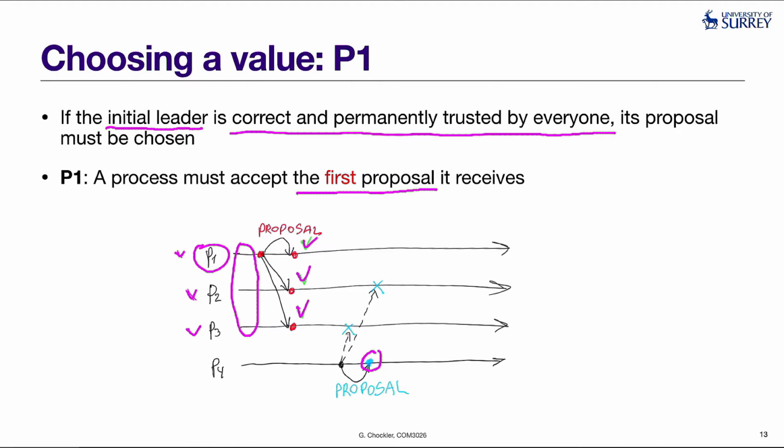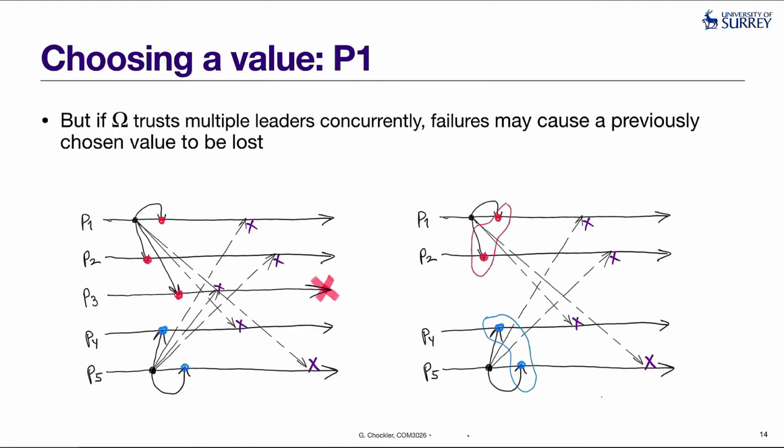Okay, so in this particular case, requirement P1 does not cause any problem, so this basically illustrates how requirement P1, or condition P1, is satisfied by the algorithm. Okay, but now let's consider a little bit more complicated scenario.